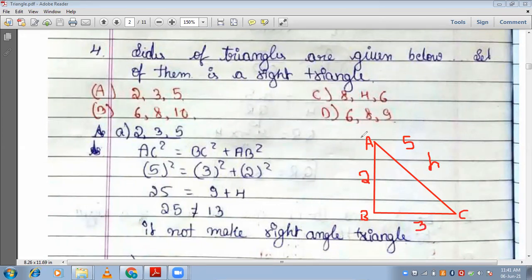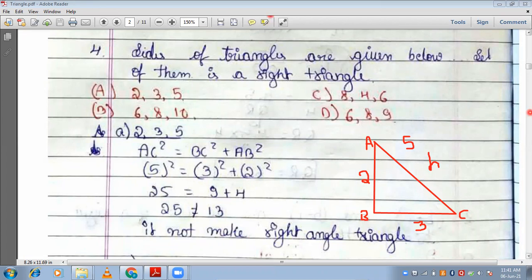Now substitute the values. AC is 5, whole square, is equal to BC is 3, whole square, plus AB is 2 square. 5 5s are 25, equal to 3 3s are 9 plus 2 2s are 4. So 25 is not equal to 13. So it does not make a right angle triangle.